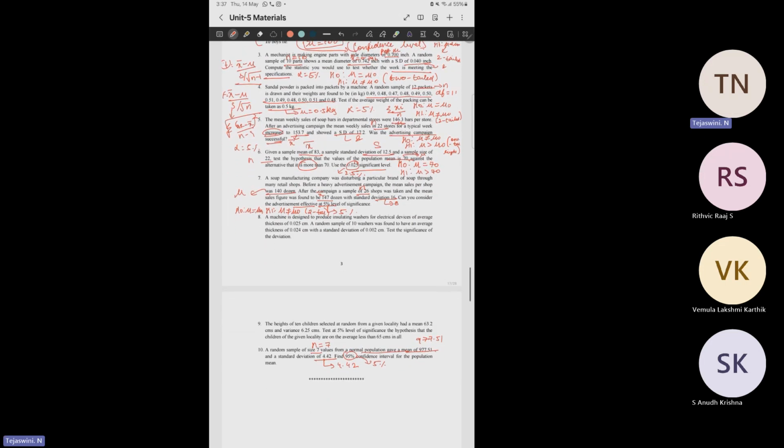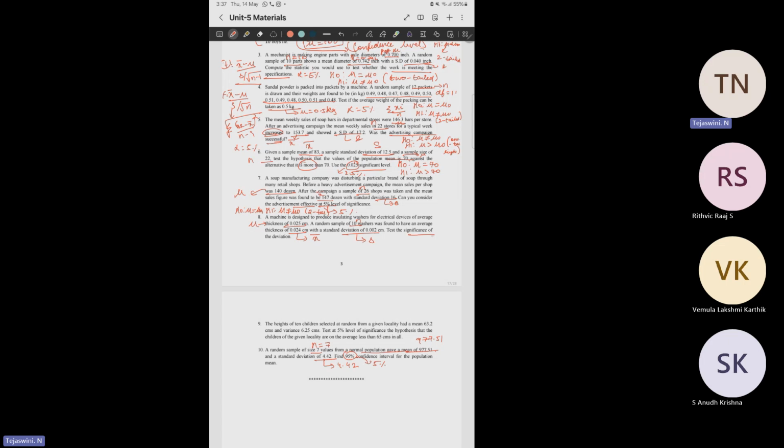And then for the eighth question, a machine is producing screws with average thickness. Mu is given to be this, and then n is equal to 10, sample size is equal to 10, and then average thickness of 0.024 centimeter. Sample mean is given to be 0.024 centimeter, and sample standard deviation is also given.